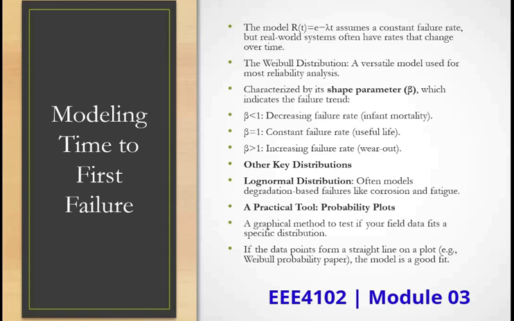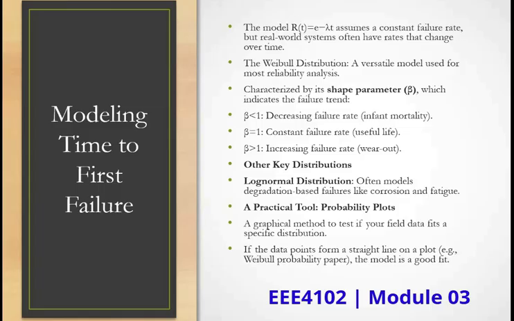So how do we choose? One thing we need to know is, as we've seen these models, how do we choose which model to use? You don't guess; you use a tool called the probability plot. It is a special type of graph paper that transforms a distribution into a straight line.